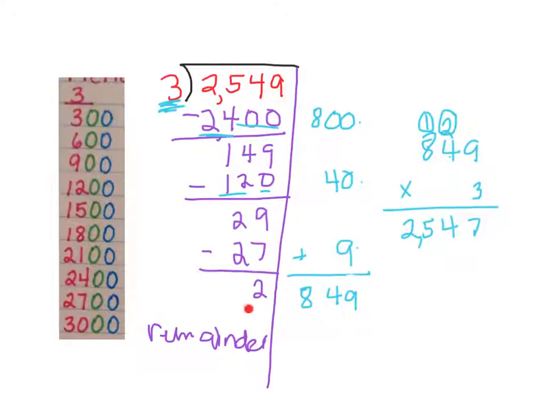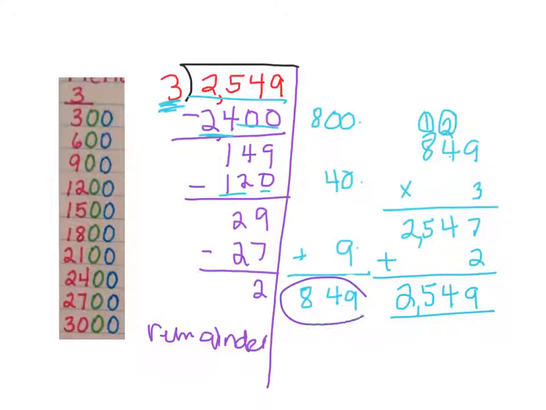So we're going to take the 2 and add it to this group, which gives us 2,549, which is exactly what we started with over here. So now we know that we are ready to write in our quotient. 8 in the hundreds place, 4 in the tens place, 9 in the ones place.